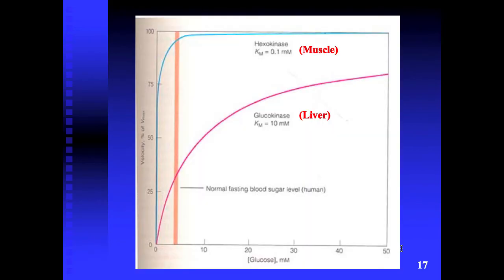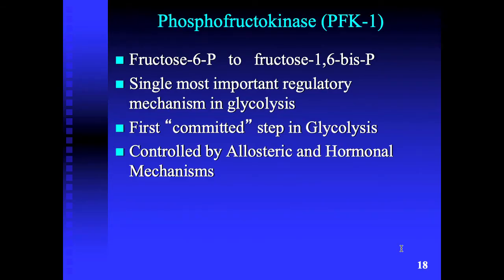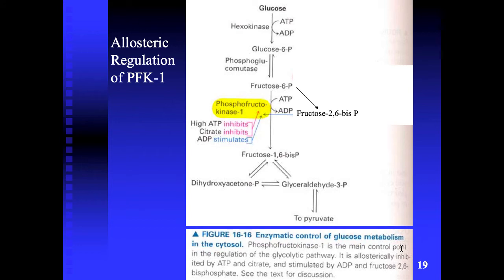So let's talk about how this is regulated. This is out of a biochemistry text, and this is allosteric regulation of PFK1. In other words, PFK1 is an allosteric enzyme, which means it's got an active site and an allosteric site. So here's our reaction, fructose 6-phosphate to fructose 1,6-bisphosphate. Here's the enzyme.